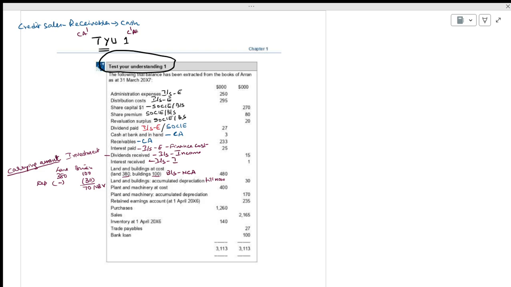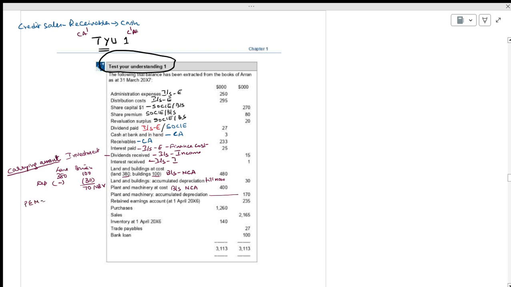Plant and machinery. Where do we have to show it? Balance sheet. It is a non-current asset. Again, they have given you depreciation, 400 minus 170. One is on the straight line method, one is on the reducing balance method.